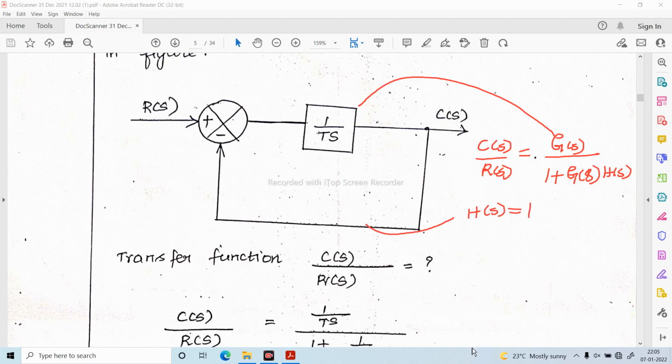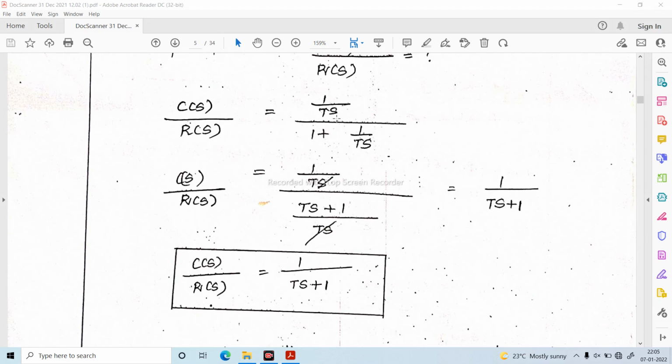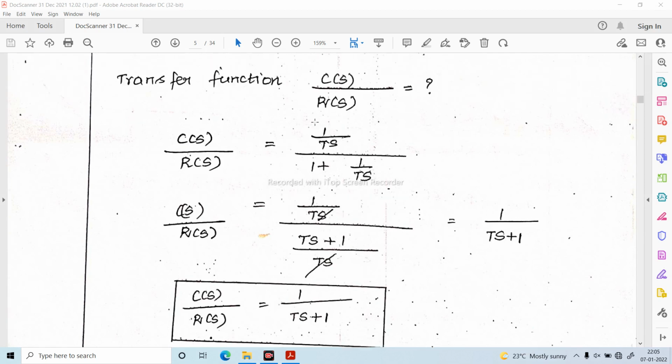Okay, next I am going to explain how to find out the transfer function. See, C of S equal to 1 by Ts, that is equal to what? G of S. So this is G of S divided by 1 plus 1 by Ts, that is G of S into 1.